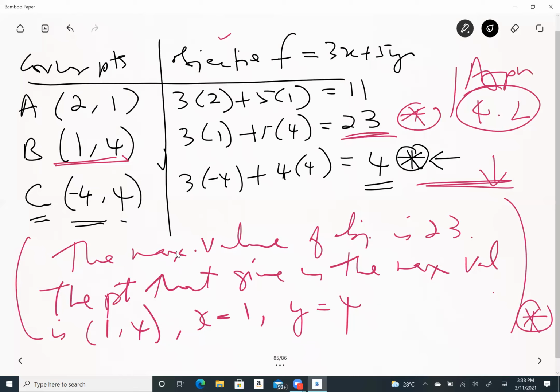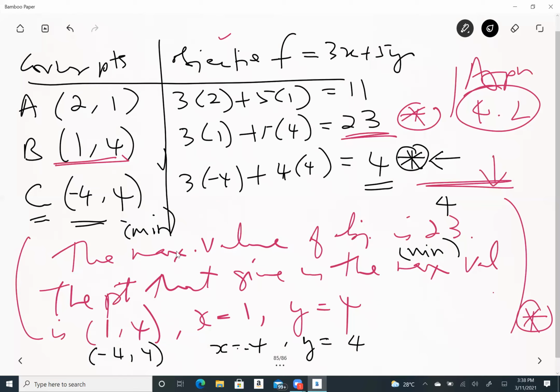So our conclusion will be, the minimum value of the objective is 4. And the point that give you the minimum is negative 4, 4, where x equal to negative 4, y equal to 4.